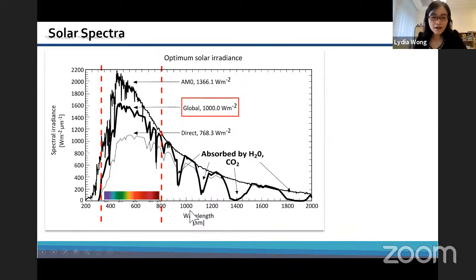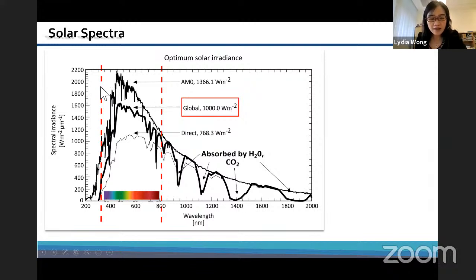On the x-axis is the wavelength of the light, and on the y-axis is the irradiance, or the power generated per unit area, how many photons are generated per unit area. So this is the spectra of the sun. This is the visible range of light, between 400 to around 800 nanometers.